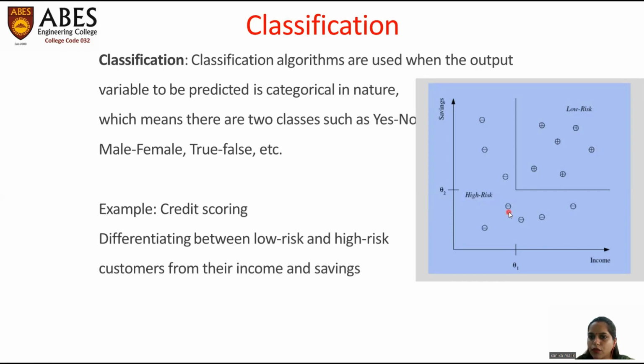One data is depicted in the form of a circle with a bar in between, that would be the category of high risk customer. And the other data is shown in the form of a circle having cross lines or bar lines under it, that would be the category of low risk customer. So here we can clearly identify the patterns of these two categories of customers, so it would come under the classification supervised learning algorithm.